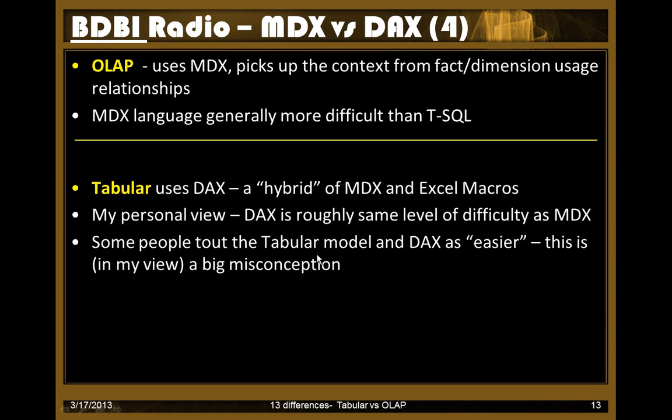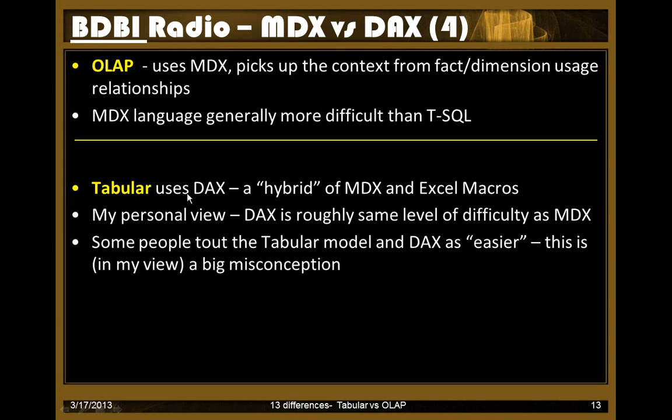What is interesting, and I'll get to this in detail later, is if we build a tabular model and deploy it and use something like Reporting Services to go against it, you would think that if we bring in a measure and a dimension, it would build DAX code behind the scenes, in the same way that if we pointed to an OLAP cube and brought in a fact and a measure and a dimension, it would generate MDX code behind the scenes.